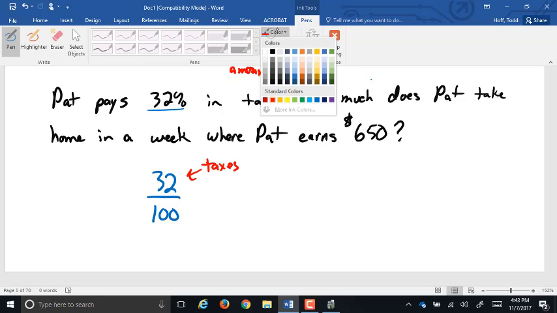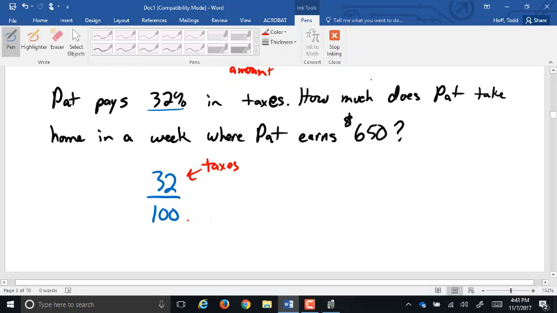Now the 100 is a little trickier. The 100 is going to be the gross pay, or in other words, the amount that Pat earned. On the other side, do we have any other numbers that describe either the taxes or the amount that Pat earned? The 650 describes what Pat earned.